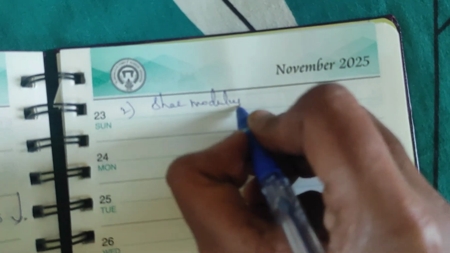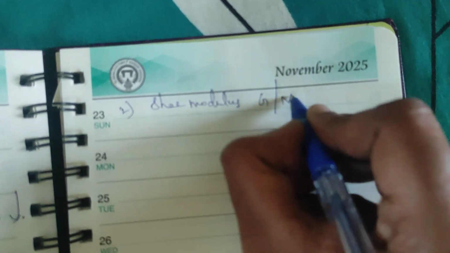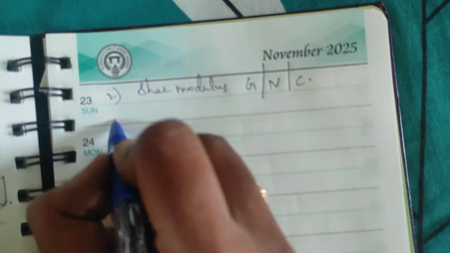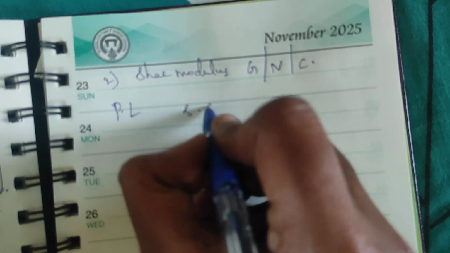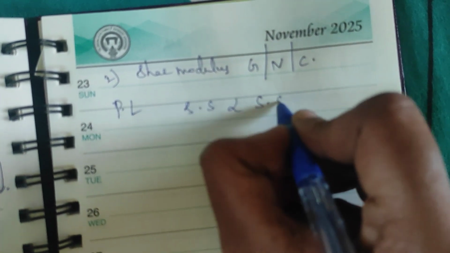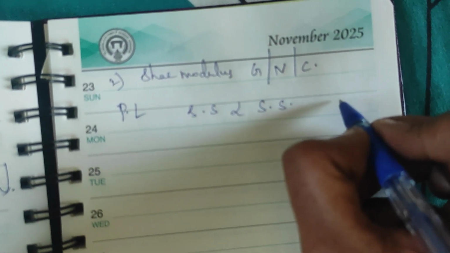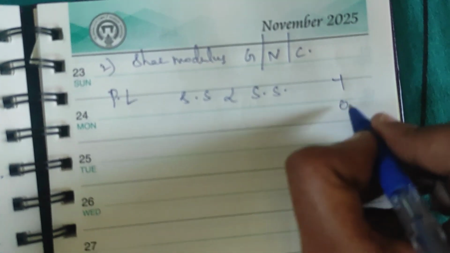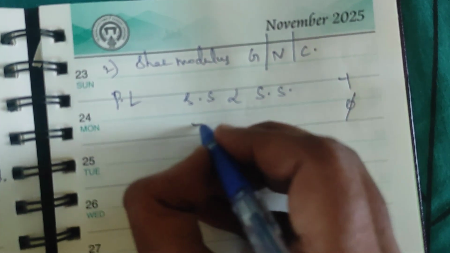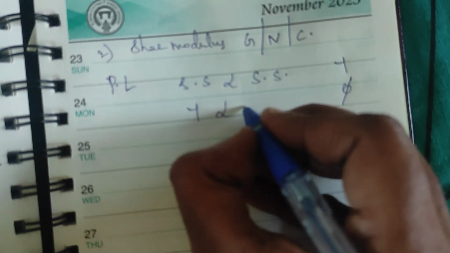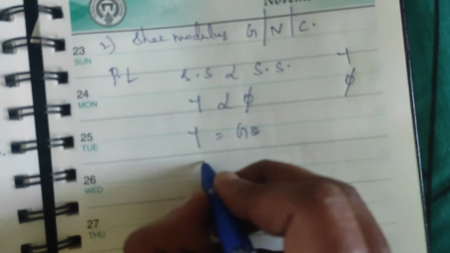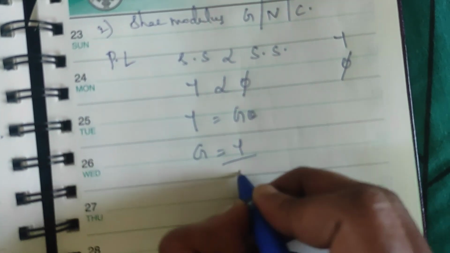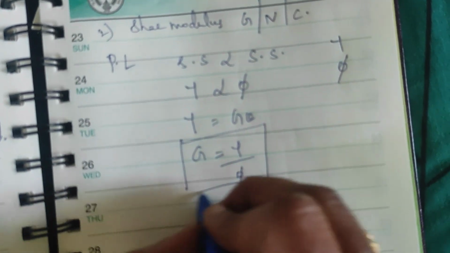Shear modulus is denoted by G, N or C. Shear modulus means within the proportionality limit, shear stress is directly proportional to shear strain. Shear stress means tau, and shear strain means phi. Tau is directly proportional to phi. Tau is equal to G phi and G is equal to tau by phi. Understand? This is the shear modulus.